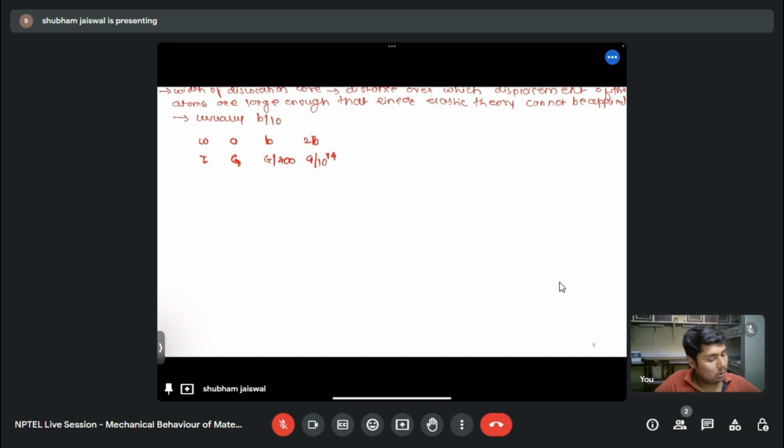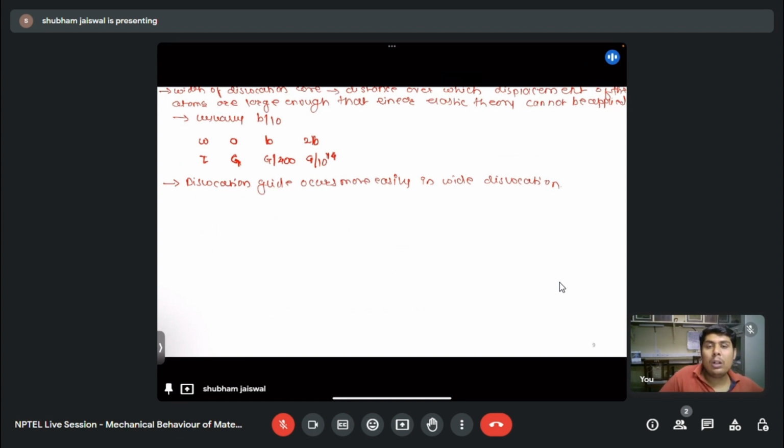So this is about the resistance to dislocation motion by the dislocation core. Here we also have seen that dislocation glide occurs more easily in wide dislocations.